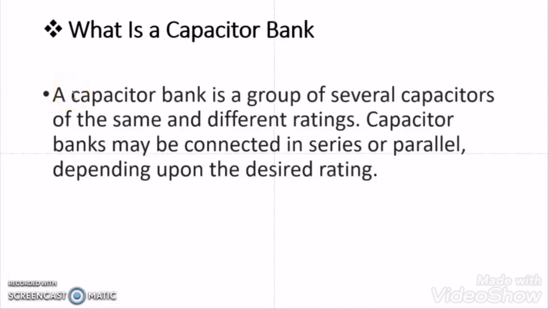So what is a capacitor bank? As mentioned here, a capacitor bank is a group of several capacitors of the same or different rating. These capacitors may be connected in series or parallel to achieve the desired rating.